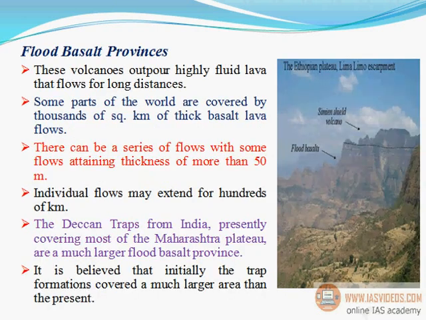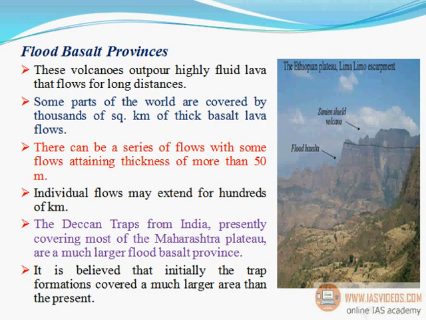Flood basalt provinces. These volcanoes outpour highly fluid lava that flows for long distances. Some parts of the world are covered by thousands of square kilometers of thick basalt lava flows. There can be a series of flows, with some flows attaining thickness of more than 50 meters.